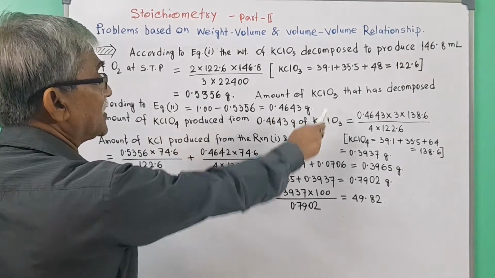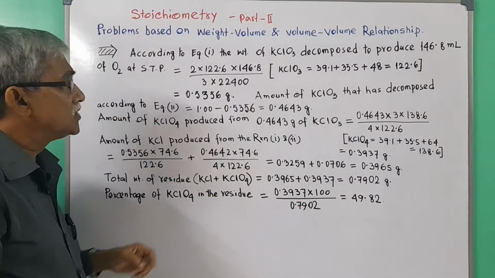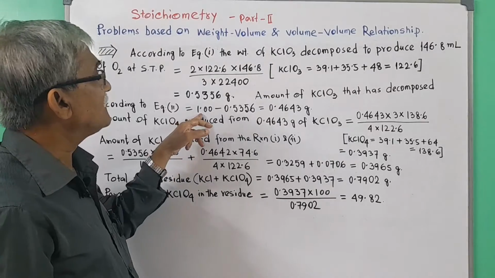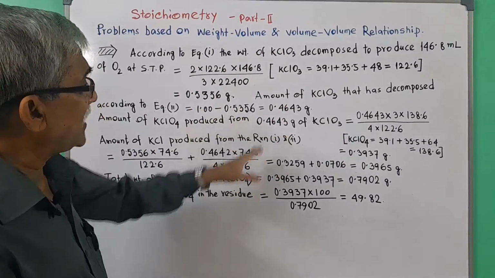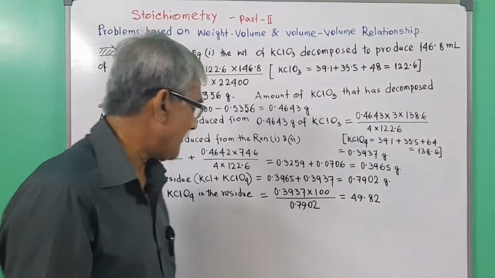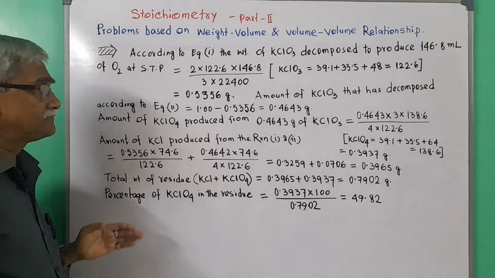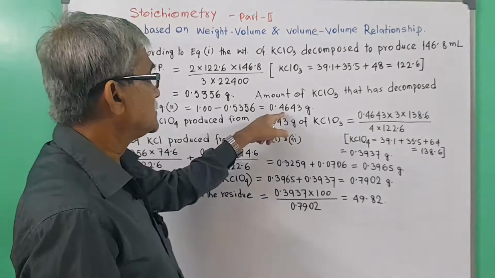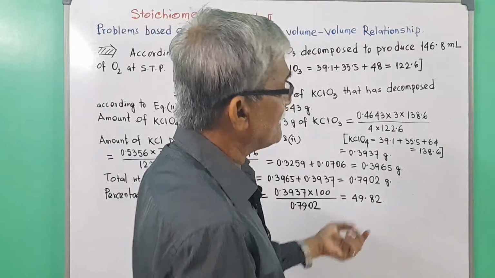The amount of KClO3 that was decomposed according to equation 2, the rest, that is 1.00 minus this, equals 0.4643 gram.